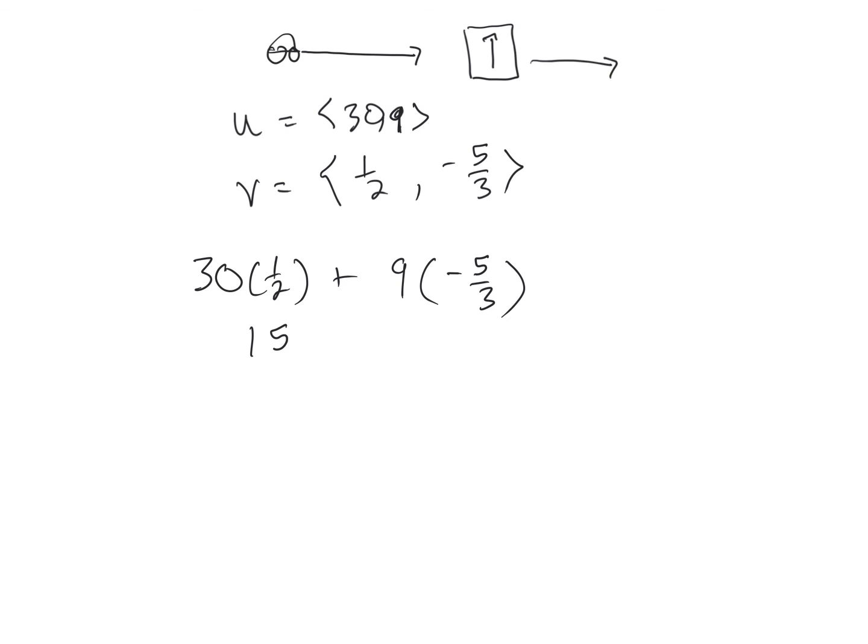This gives me 15. 9 divided by 3 is 3, so this is -15. So the sum is 0. So actually these two vectors are perpendicular to each other, and they are orthogonal to each other.